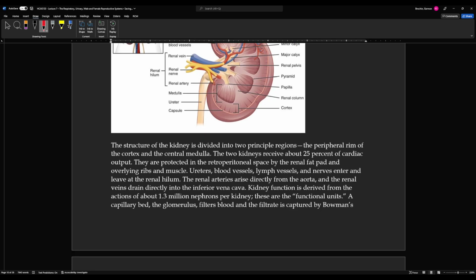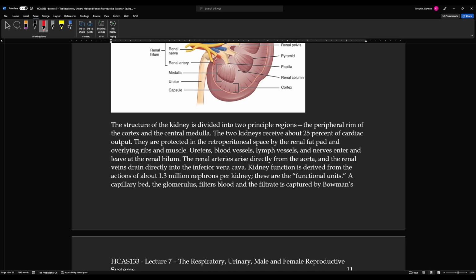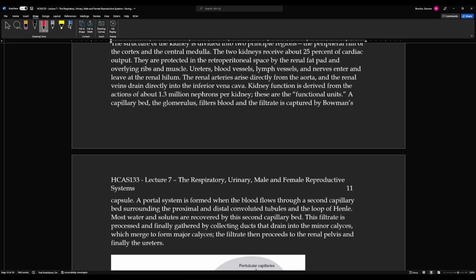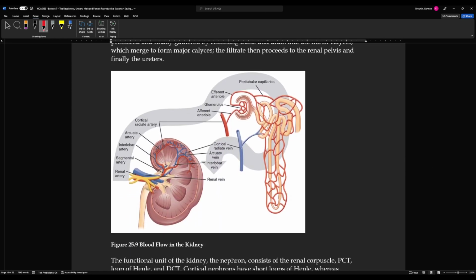As I mentioned already, the smallest functional unit of the kidney is the nephron. This is primarily where all the action happens, all the filtration. The nephron is composed of a couple different things, but it's going to have the capillary bed, a glomerulus, and Bowman's capsule. So as you're looking here, we see the blood enter into the glomerulus via the capillaries.